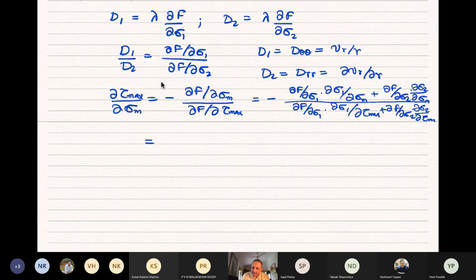And if we simplify this, this is just minus del f by del sigma 1 plus del f by del sigma 2 divided by del f by del sigma 1 minus del f by del sigma 2.